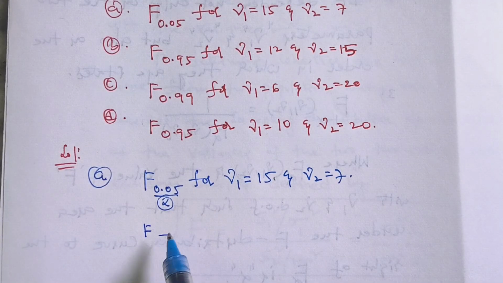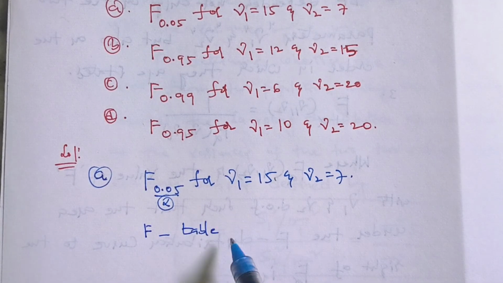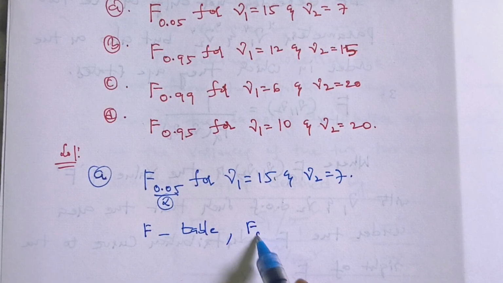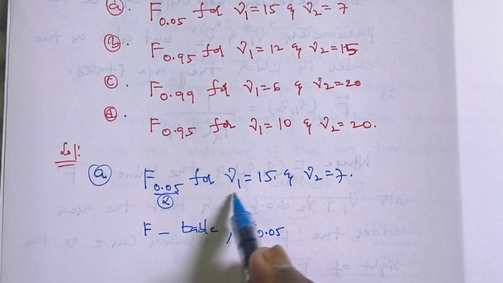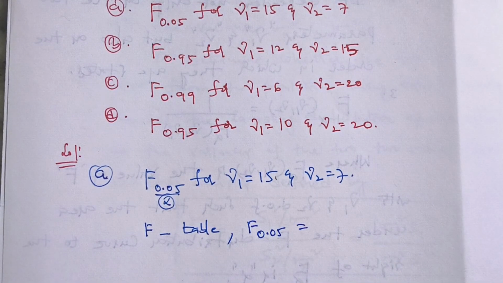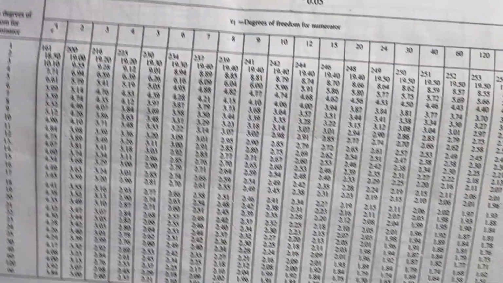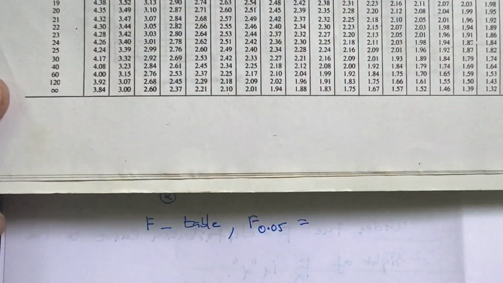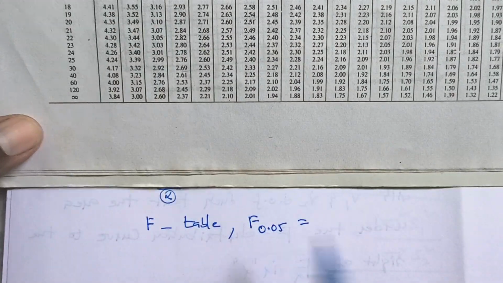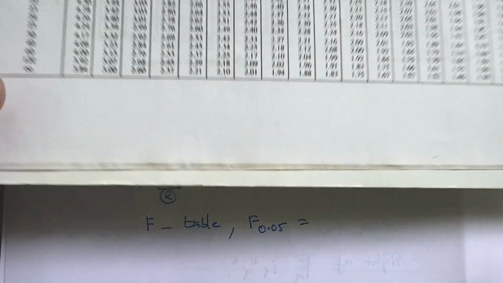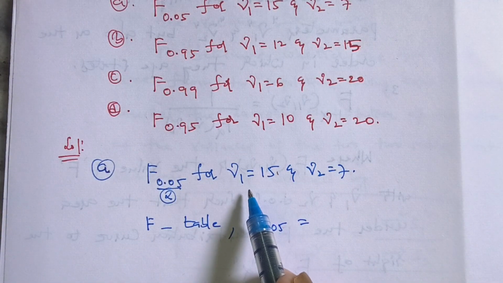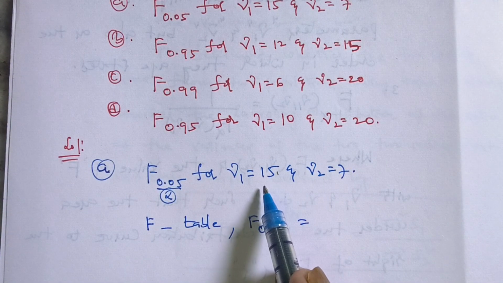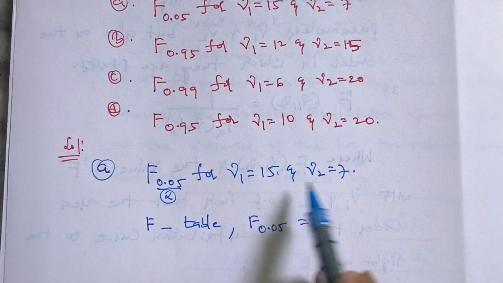Here we check the intersection value of nu1 equals 15 and nu2 equals 7.